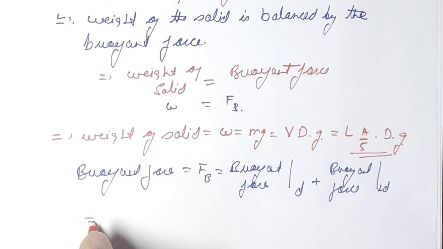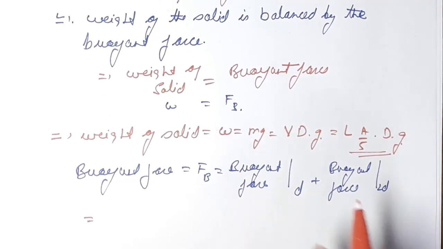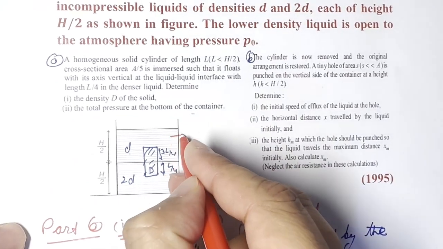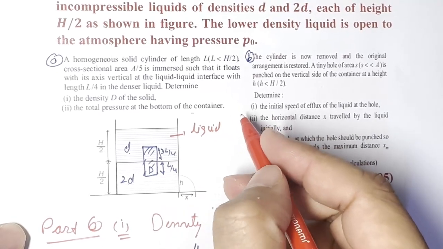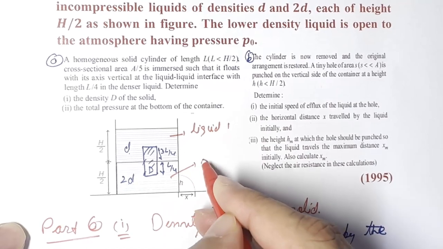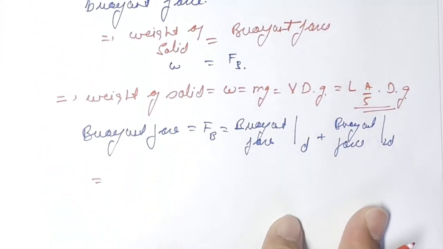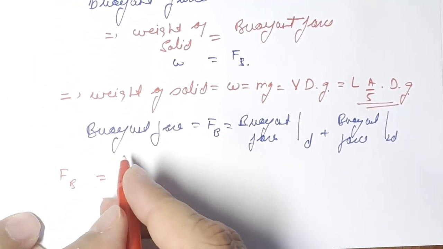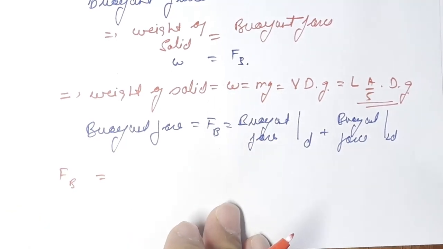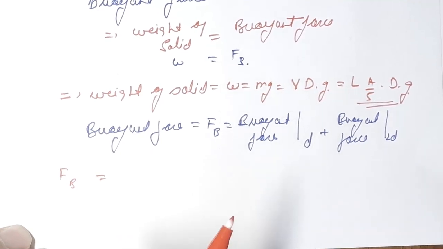So therefore we can write this formula as buoyant force because of density D. Let us call that liquid 1, and this is our liquid 2. So buoyant force FB will be equal to volume displaced by liquid 1 multiplied by density of liquid 1 and multiplied by g.